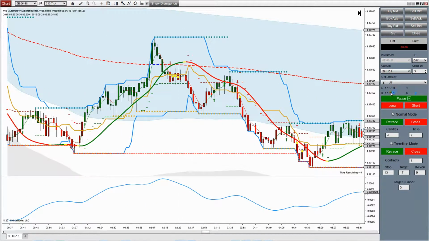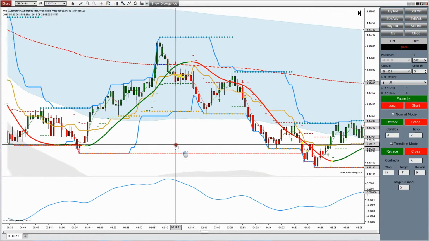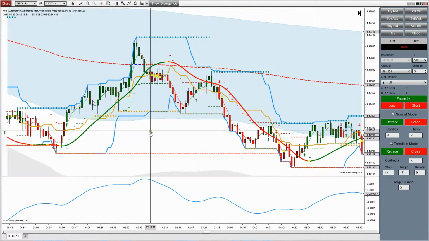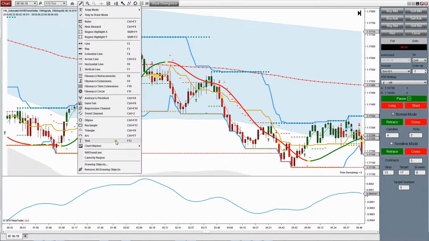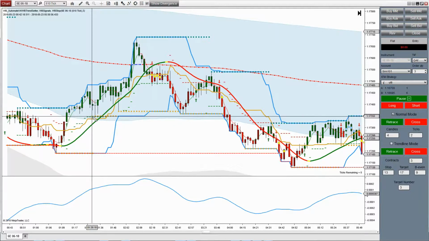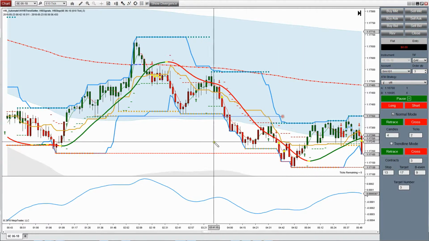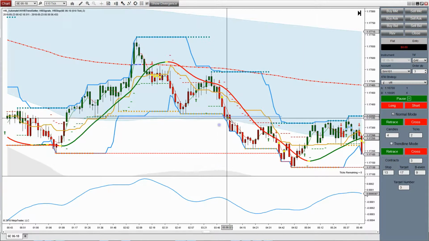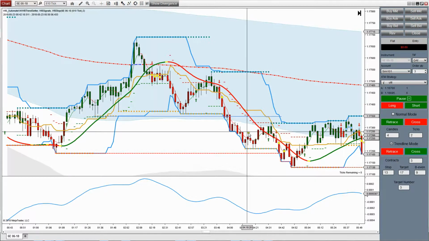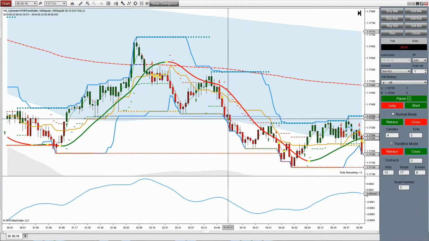But these tools can also be used in your own trading system as of right now, because say, for example, you were a trader who would trade if there is a support line break, you can use our trend line to draw a support line, say here, this being a support line, and when this breaks at this point, you can set up that you would short at the break of a trend line, at the cross of a trend line, and at this point when it breaks, it automatically would trade for you.